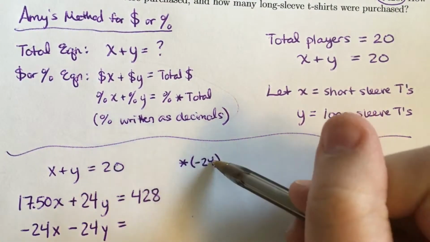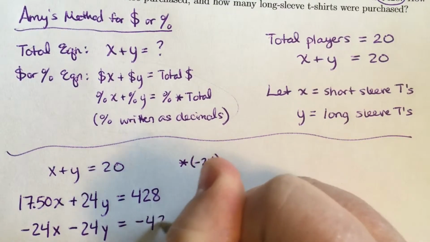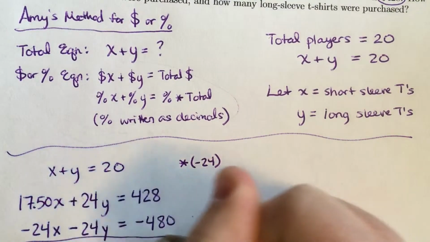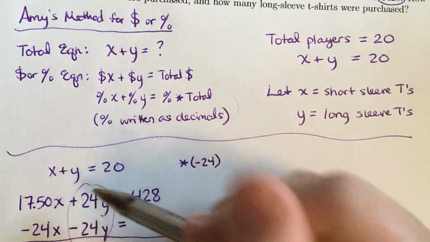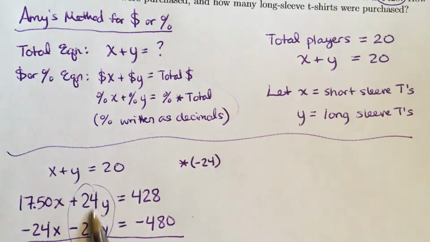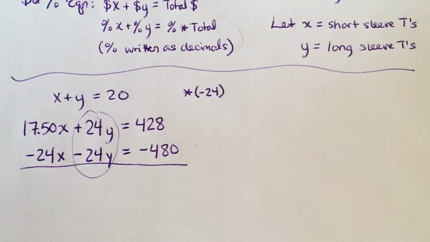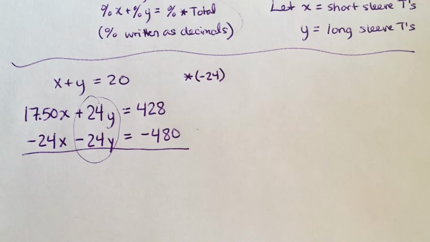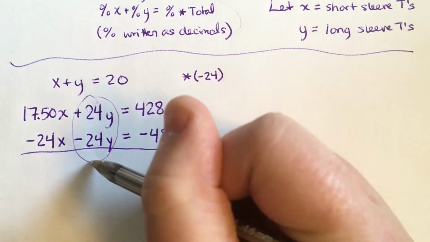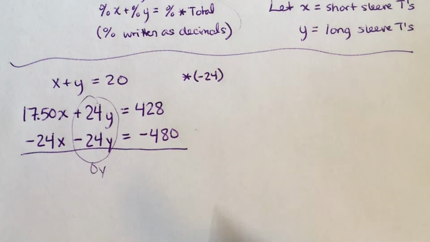And then 20 times negative 24 would be negative 480. We do this with elimination so that we get one of the variables to be positive and negative, so that when I add these together, I just get 0 y's. Positive 24 and negative 24 just goes away.